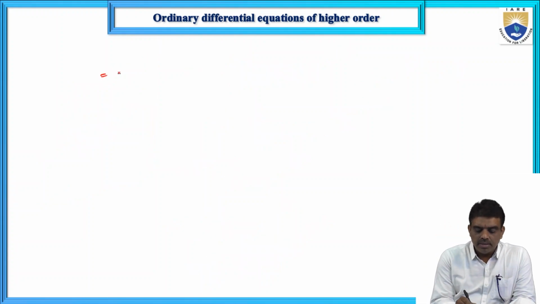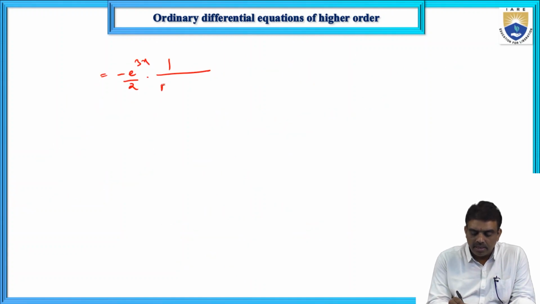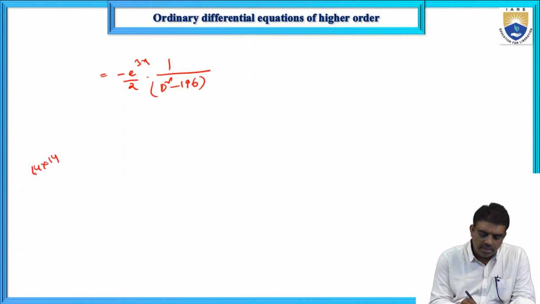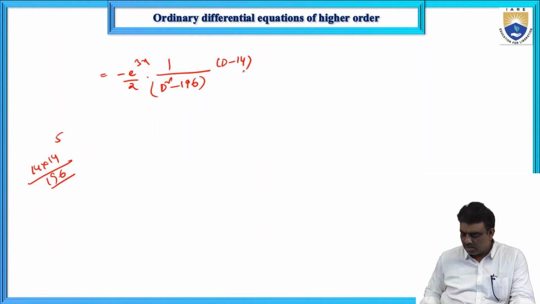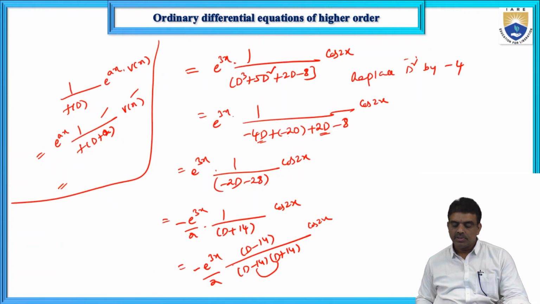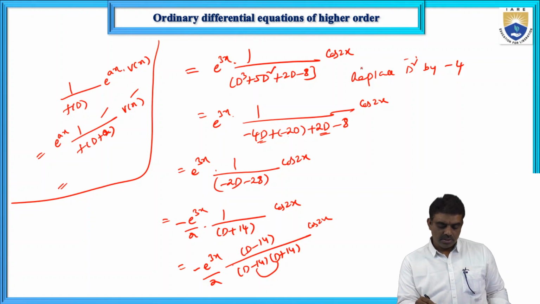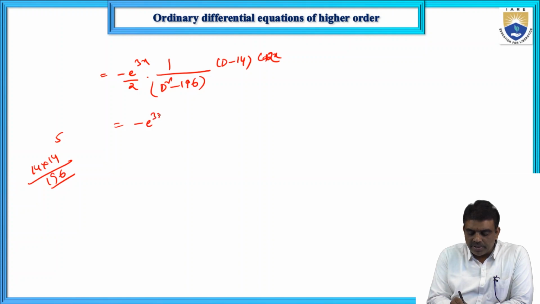Minus e power 3x by 2 into 1 by D square minus 14 square. 14 square is 196, so D square minus 196, of D minus 14 of cos 2x. So replace D square by minus 4.